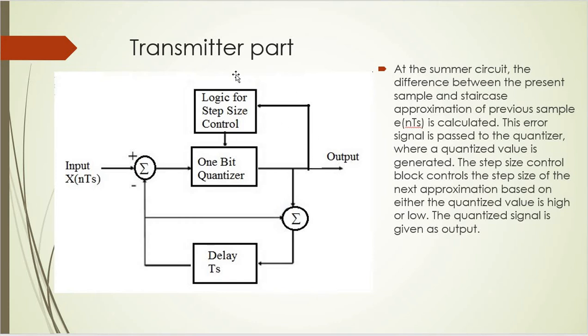This is how the change in step size is introduced. It is called adaptive because the step size is adaptive to the input signal amplitude. At the output we again obtain a 1-bit approximation of the input message signal, but the step size is varying depending upon the input signal amplitude.